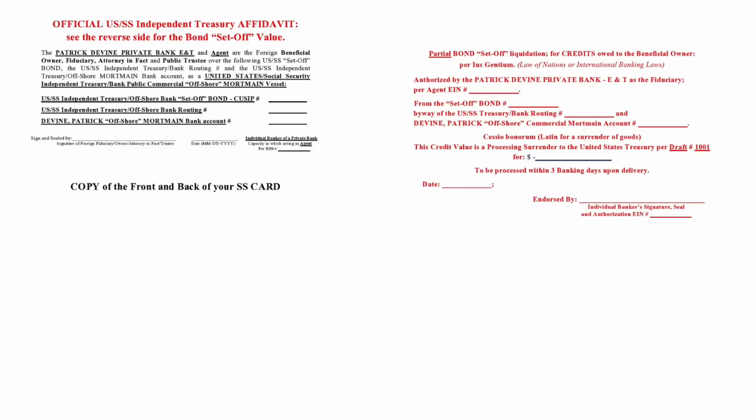We're supposed to bring someone with us, right? A witness? No. You call up the banking inspector. You call up the inspector general and complain to him about banking fraud at the commercial bank, saying they wouldn't take my Social Security check or draft as payment.